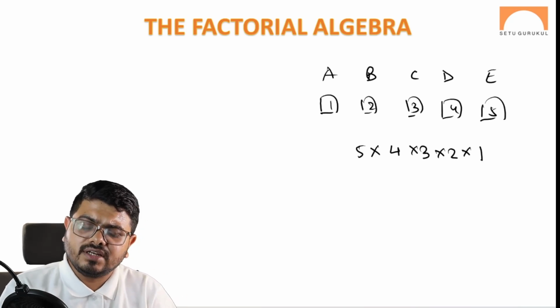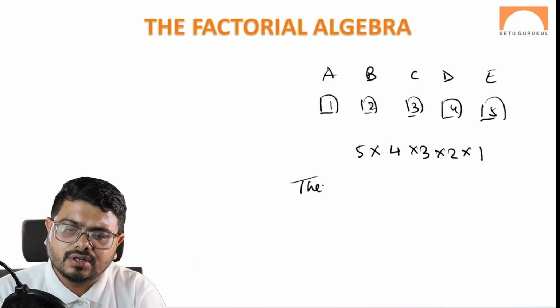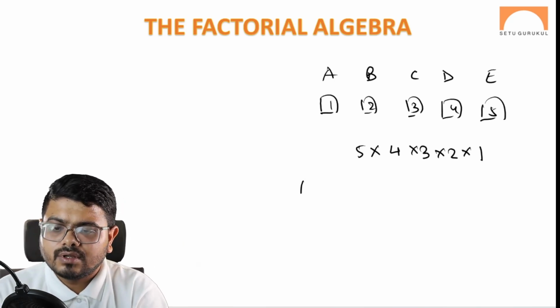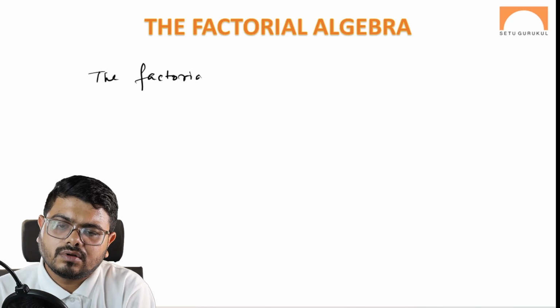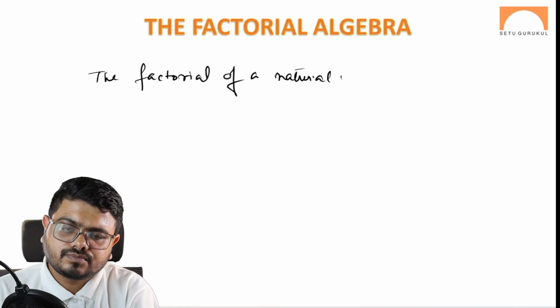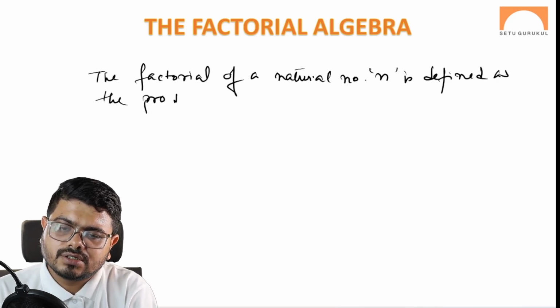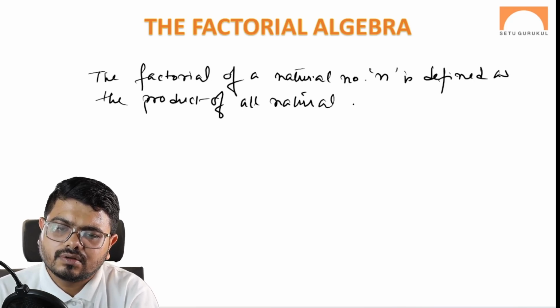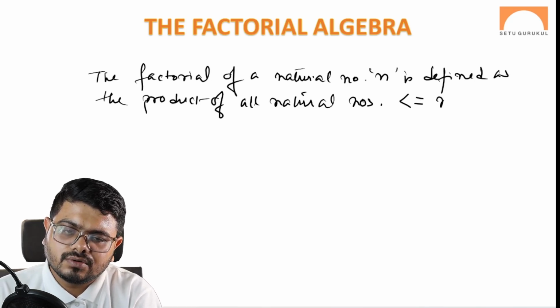Factorial algebra is defined such that the factorial of a number n, let me write it on a fresh page actually. The factorial of a natural number n is defined as the product of all natural numbers which are less than or equal to n.